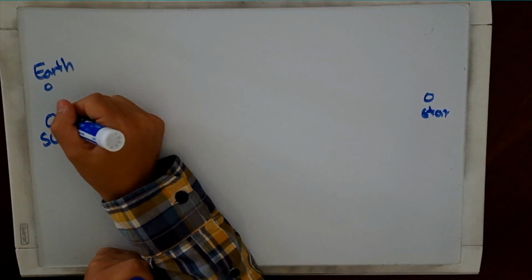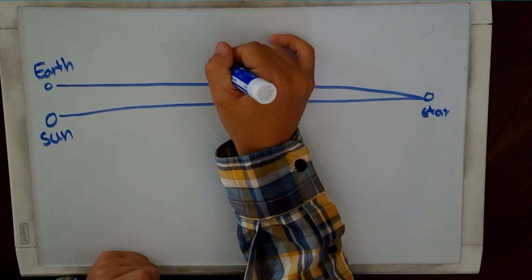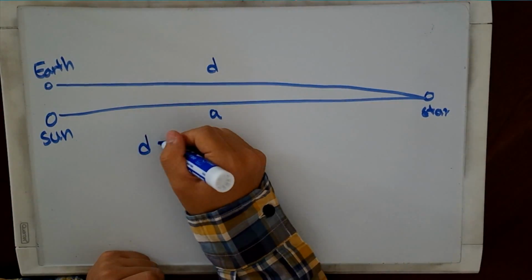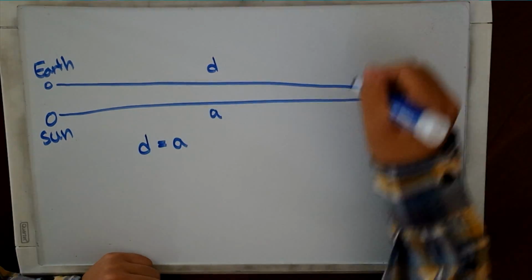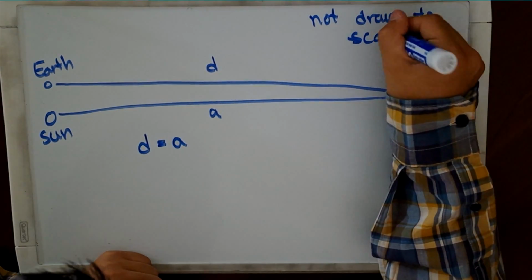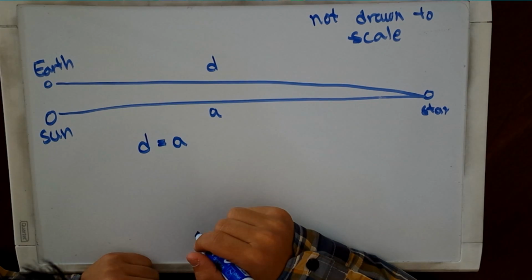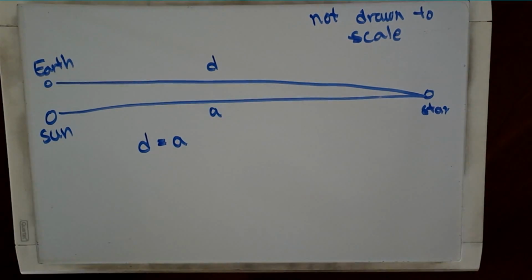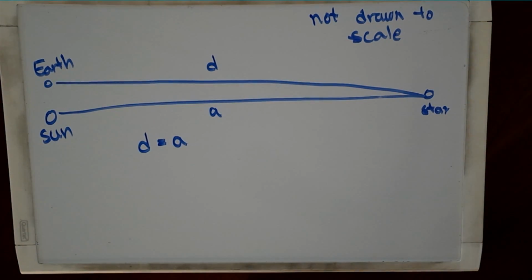Other things you should know is that when doing stellar parallax, the distance between the Sun and the star and the Earth and the star is considered equal because the difference in their distance is minuscule compared to its length, and the parallax angle is extremely small. However, this method only works for calculating the distance of closer stars, because with modern technology we can only calculate the parallax angle precisely at close distances.